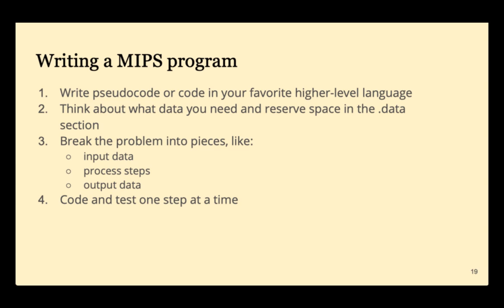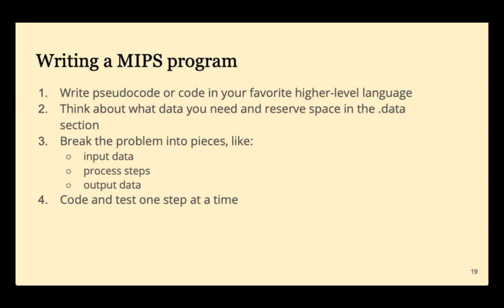Then I would think about what data you need and reserve space for that in the .data section. And break the problem into pieces, like first input all of your data, process it all, and then output the results. And most importantly, code and test one step at a time.